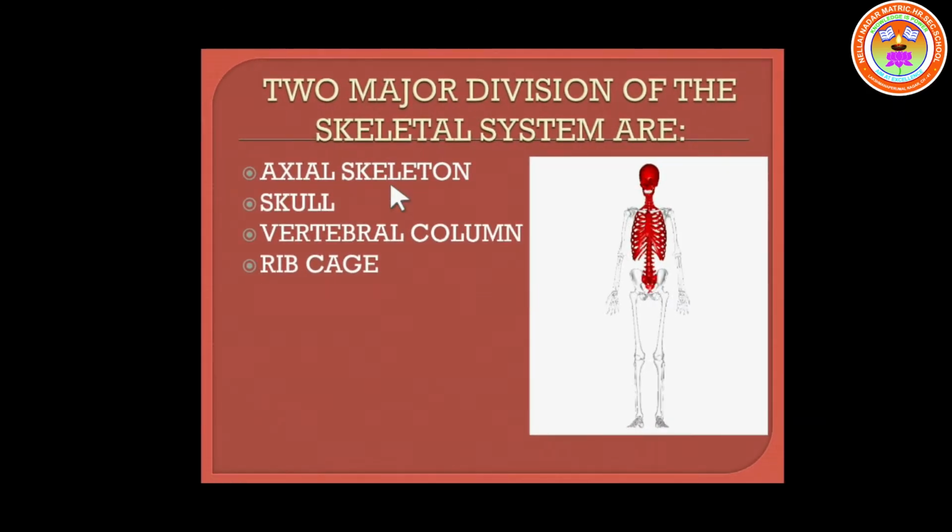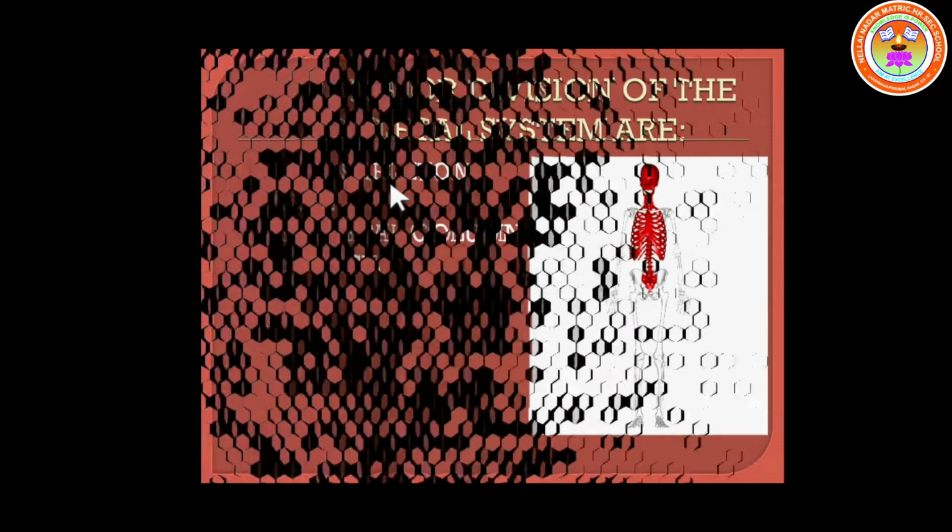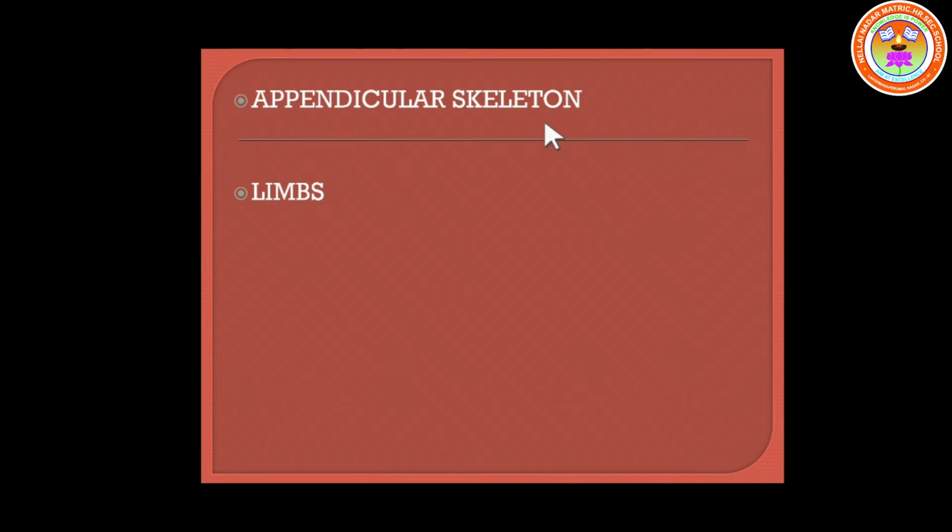Next we are going to see the second type, that is appendicular skeleton. What does this appendicular skeleton consist of?